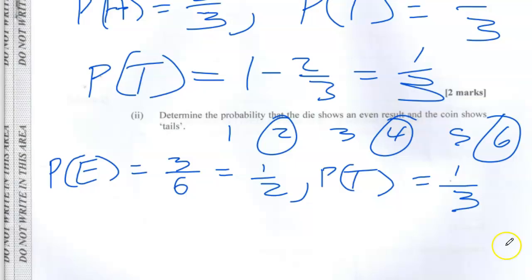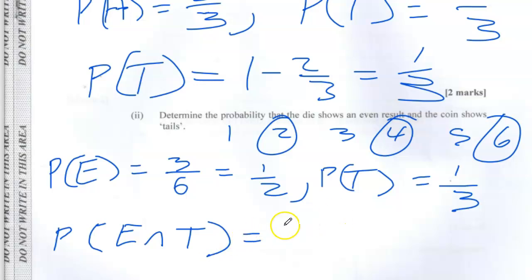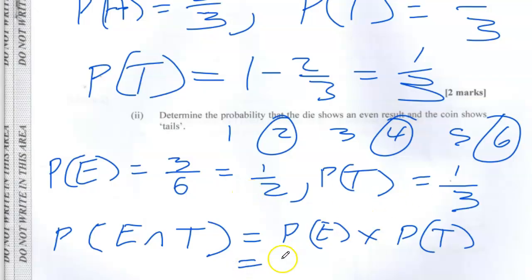So the probability that the die shows an even number, and I use the intersection sign for 'and', it shows tails. Since the events are independent, it's the probability of even times the probability of tails, which is a half times 1/3, that's 1/6.